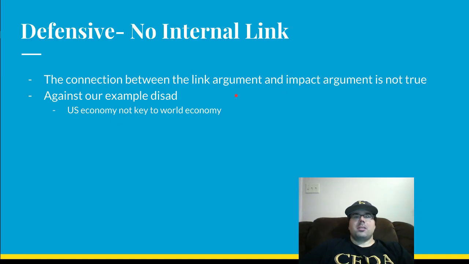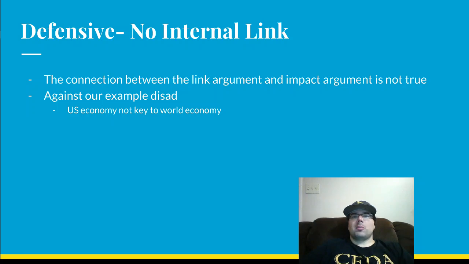The next defensive argument is no internal link. The connection between the link argument and the impact argument is not true. So, in our example, it would be the U.S. economy is not key to the world economy.